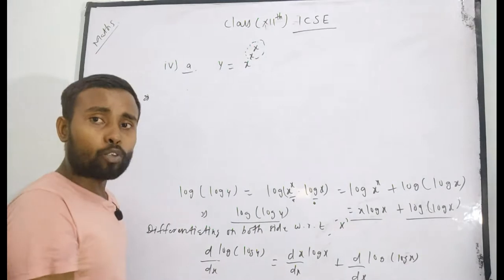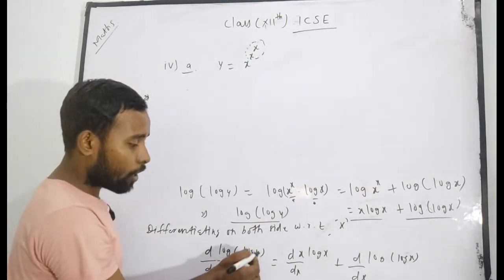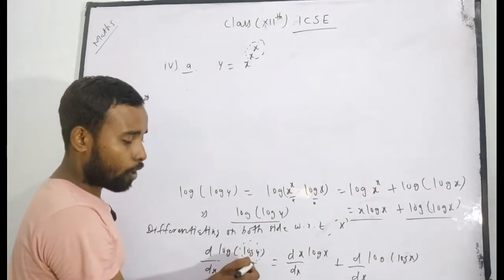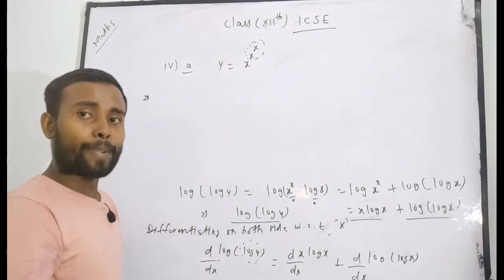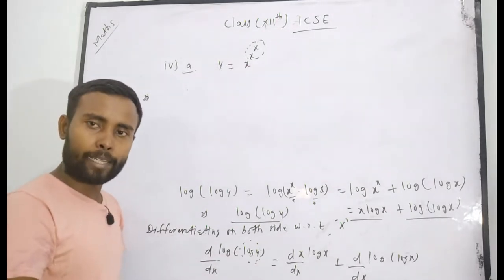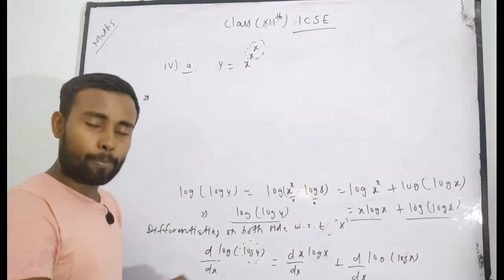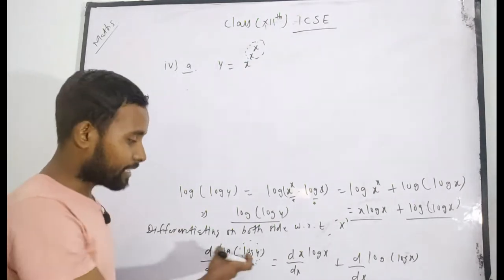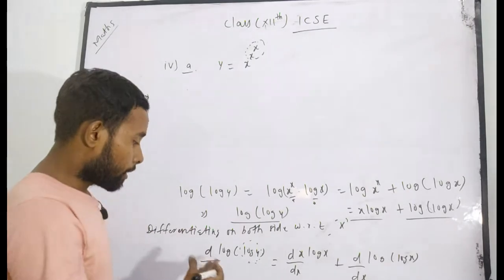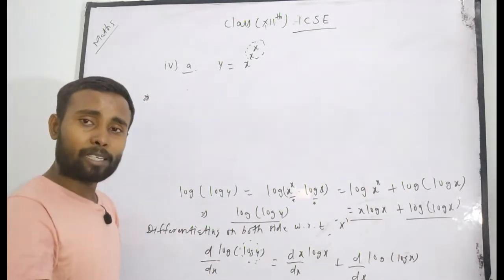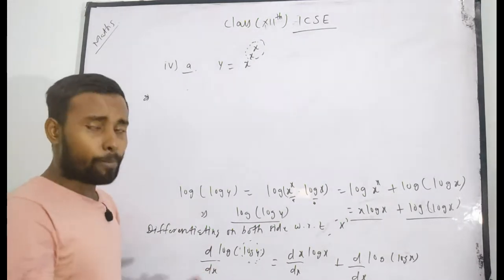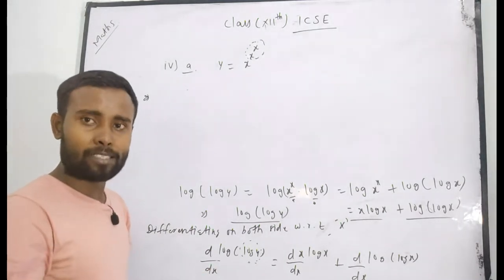First of all, suppose that log y is, this y, is p. In that case, it looks like log p, and log p is firstly differentiated with respect to p. Thereafter, you can differentiate p with respect to x, or here there is y, so you have to differentiate. But here it is given that you have to differentiate with respect to x directly. According to this problem, you cannot differentiate with respect to x directly.